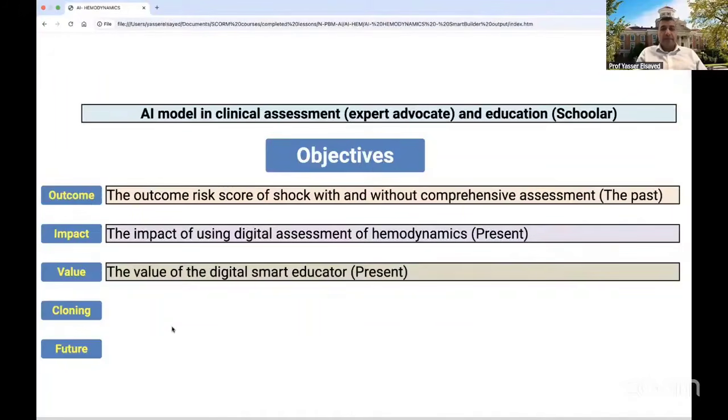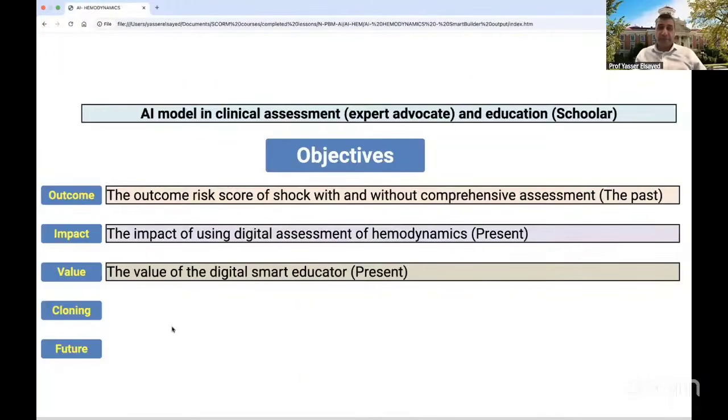And then we presented the value of using a digital smart educator. Now, if we are conducting educational sessions or workshops, which is the most effective way of education, rather than just talking to people through a classroom or through a presentation virtually, as we are doing now, there's a much more effective way of teaching, which is the digital smart educator, a new way which is self-driven.